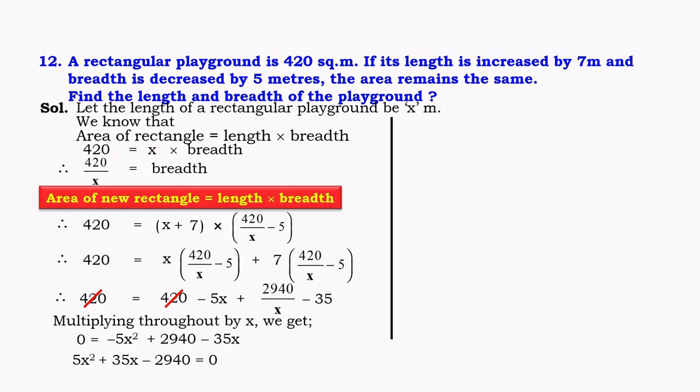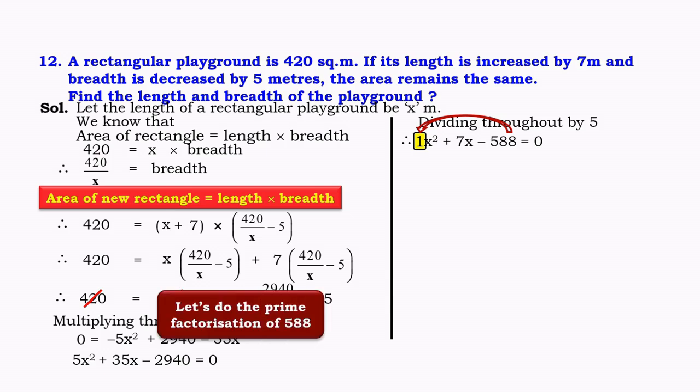Multiplying every term by x to remove the denominator, 0 equals negative 5x squared plus 2940 minus 35x. Rearranging, 5x squared plus 35x minus 2940 equals 0. Dividing throughout by 5, we get x squared plus 7x minus 588 equals 0.